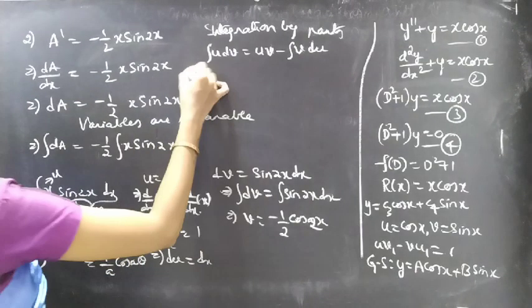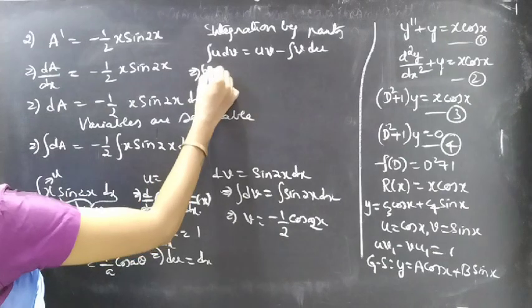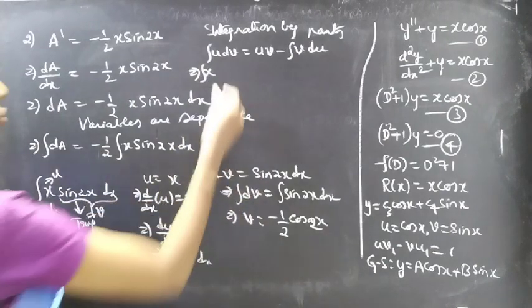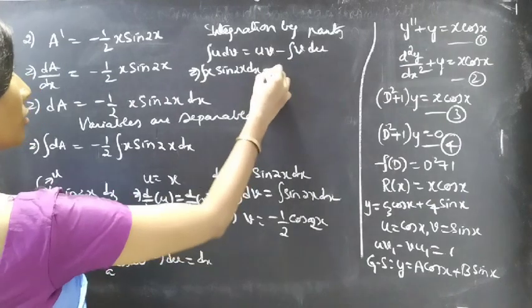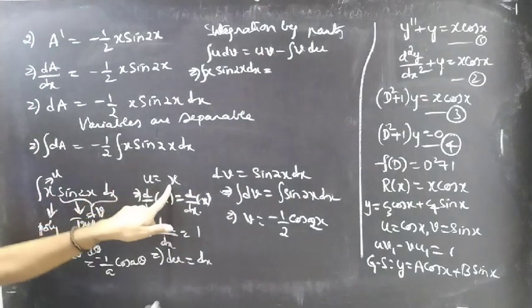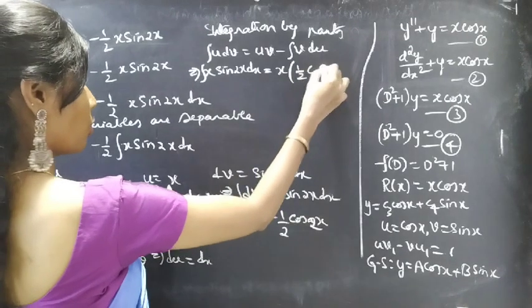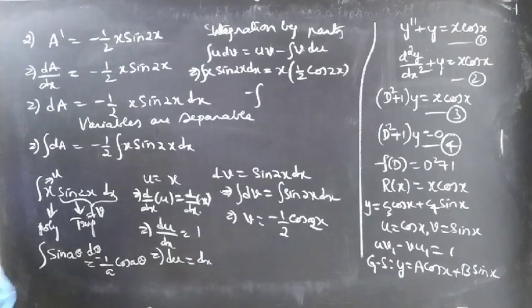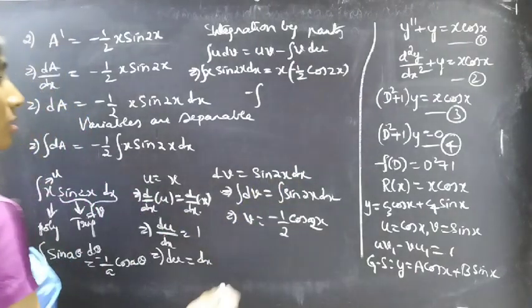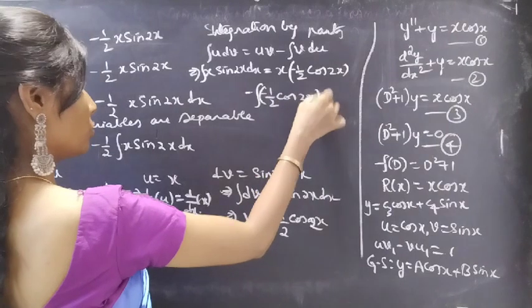Now coming to the formula, let's apply the formula. U into dv, dv is sin 2x dx, equals u into v, which is minus x by 2 cos 2x, minus integral v, which is minus 1 by 2 cos 2x, into du.